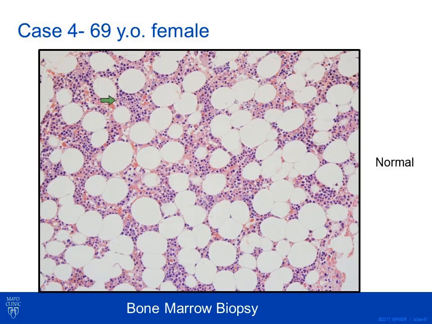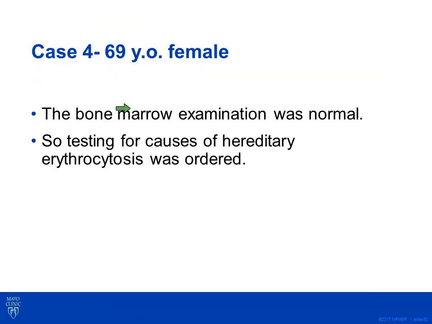For her age, there is a lot more fat here, but for this age, this is normal. Once again, here are the megakaryocytes, not too many of them actually, interspersed. There's another one with no clustering. So once again, the bone marrow examination was normal. I don't have it on the slide here, but her cytogenetics were normal too.